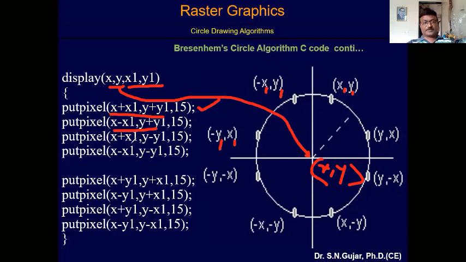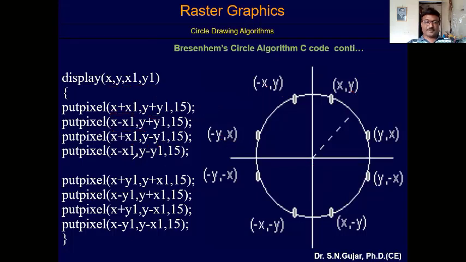Then x plus x1, y minus y1, and x minus x1, y minus y1. That means I am calling the same putpixel 4 times. In the next one, I am replacing this x1 with y1, and this y1 with x1. Here you replace, and again call 4 times: plus plus, minus plus, then plus minus, minus minus.